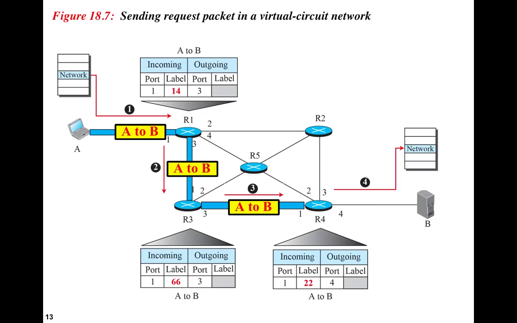Now port number 4 actually contains the destination. The packet with the label 22 has reached B. So now one route has been established from A to B. Now B needs to send a confirmation message saying that the circuit has been established. We know that the packet that arrived at B has got the label 22.